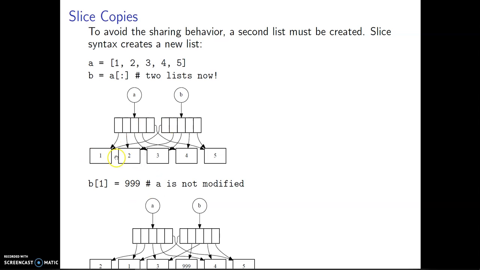So if we then replace the value of the first element of B with 999, it only does so for the B list. Notice the only syntactical difference is using the slice syntax, and it involves a little bit more coding where we just have to use those square brackets and colon.